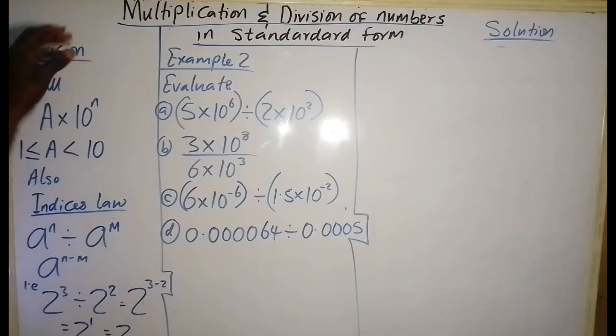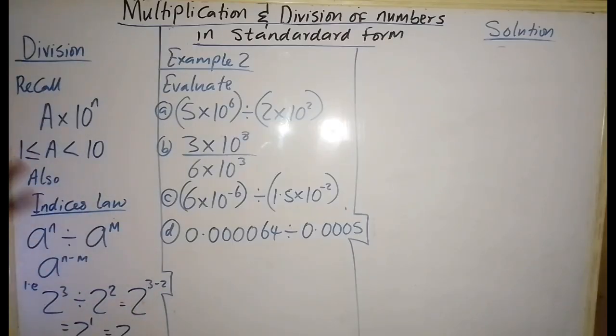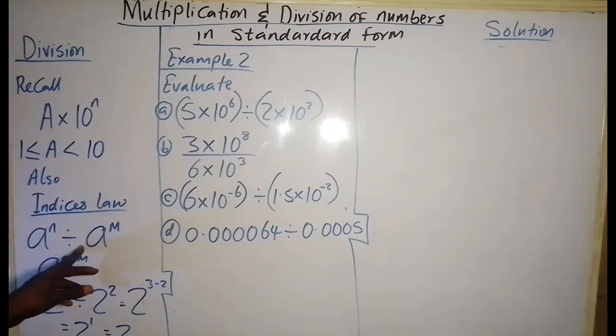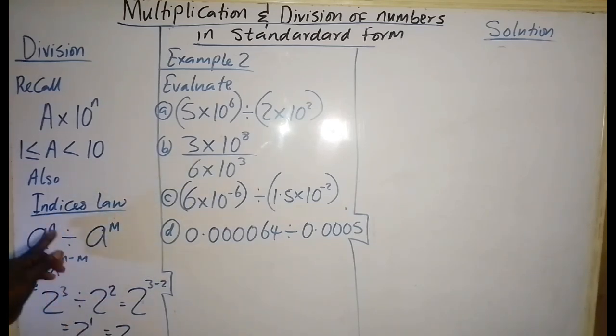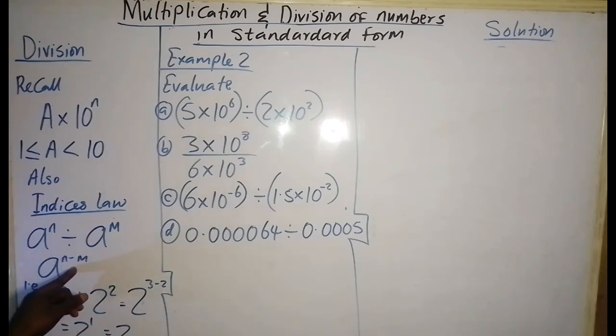Now, before we talk about division of numbers in standard form, we also need to recall the law of indices. The second law of indices is the division rule. The division rule says that when you have a base a with an exponent m divided by the same base a with exponent n, your exponents are subtracted. You have a raised to the power m minus n, which are your integers.